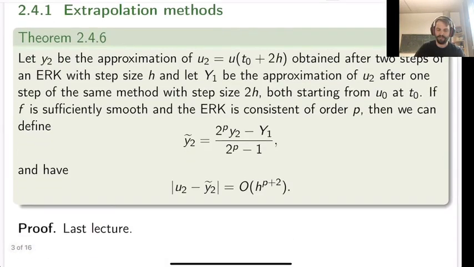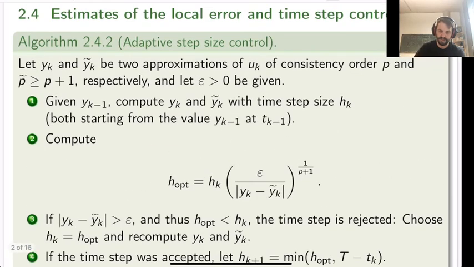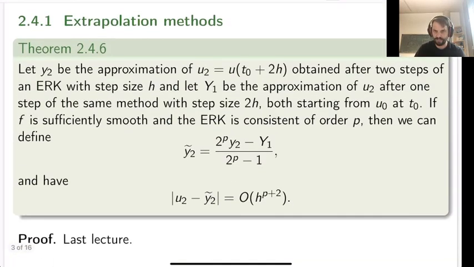One way of producing two such approximations, yk and yk tilde, is by extrapolation. That was basically done by taking two approximations with the same explicit Runge-Kutta method, one with time step size h and one with time step size 2h.